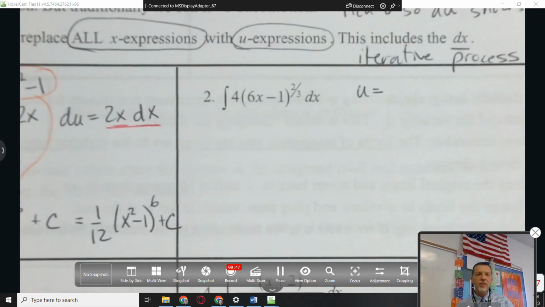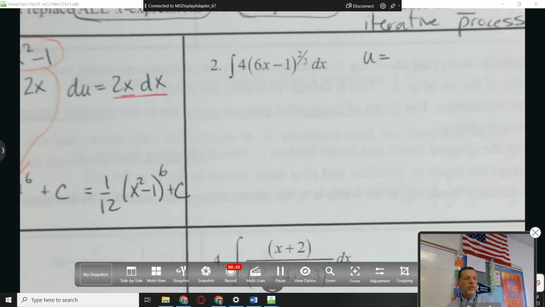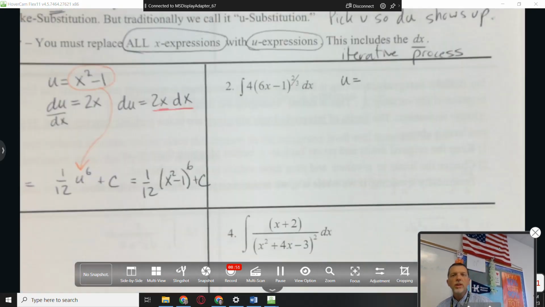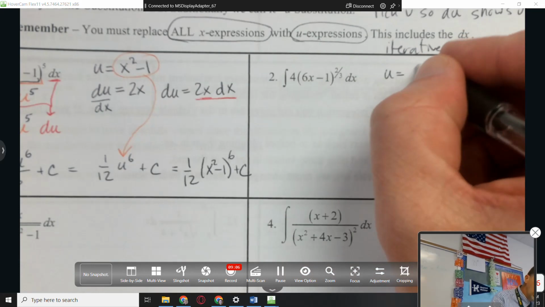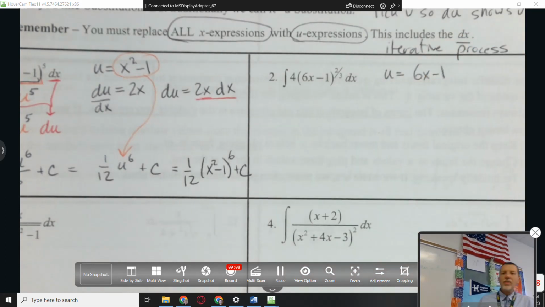Again, it just takes time and practice until you get better at figuring out what u should be. So we've only done one. I'm not going to call a popsicle stick on this. Any idea on what u could be for number 2? 6x minus 1. Let's try 6x minus 1. You have to find the right balance: you want u to be enough stuff to simplify things, but if you make it too complicated, it just makes it worse.